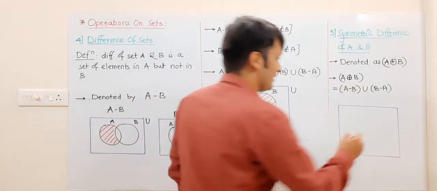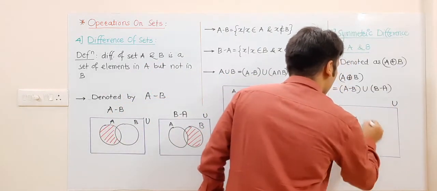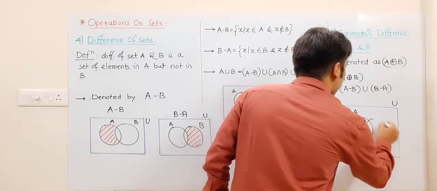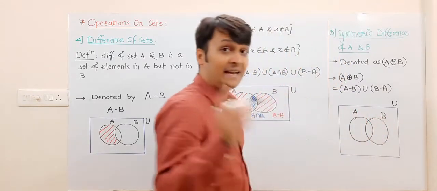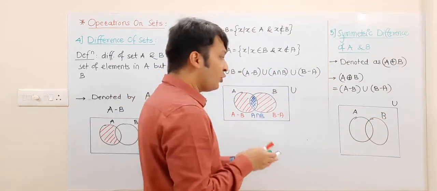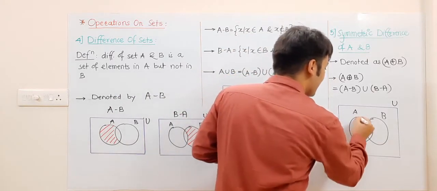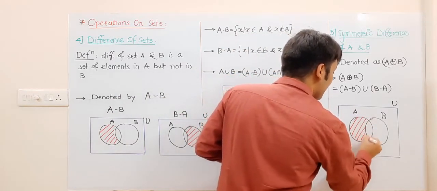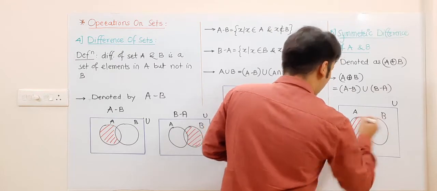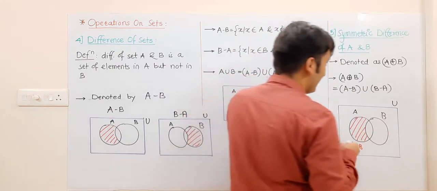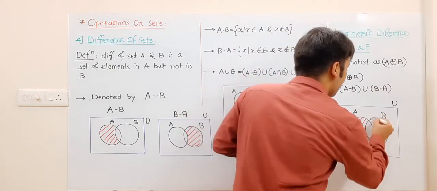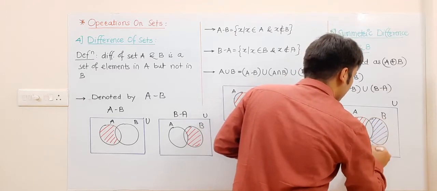How to denote it in the figure? Just check. This is the universal set. This is A. This is B. Correct? And now check what is going to be A minus B. This is A minus B, and this one is B minus A. Correct or not?